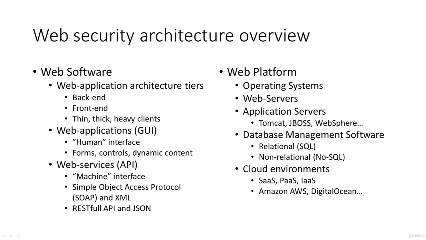Then we have different types of interaction with the outside world. The first and most convenient to us as human users is, of course, the graphical user interface. When we are talking about web software that presents something to real humans, we normally call it a web application.